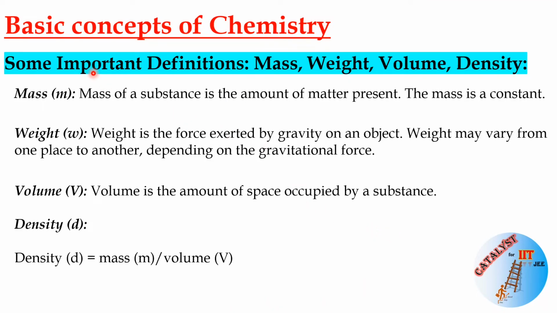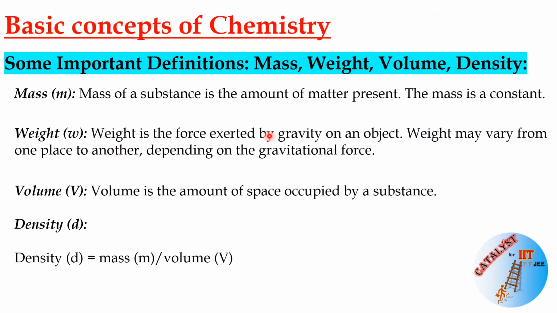Now there are some important definitions that you are already aware of, like mass, weight, volume and density. Mass is the amount of matter present in a substance, correct? So the mass is constant because the amount of matter is not going to change when you change a place from one to another.